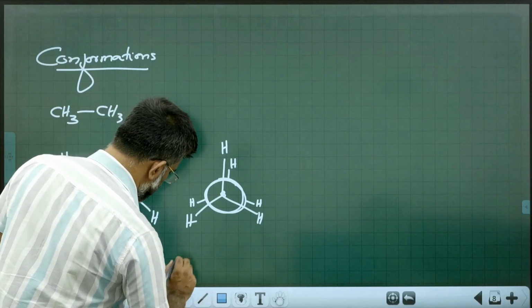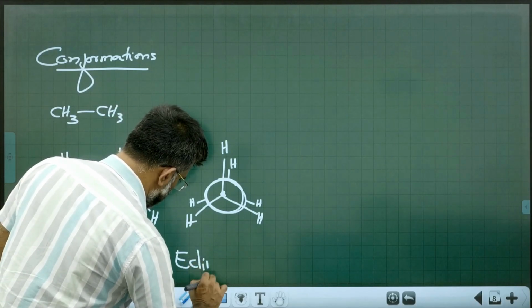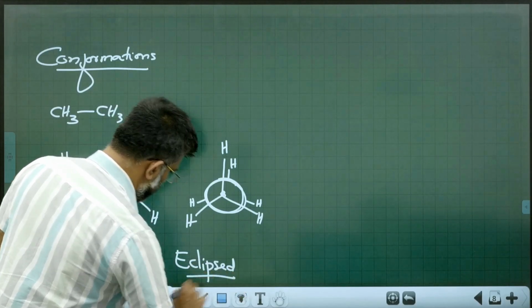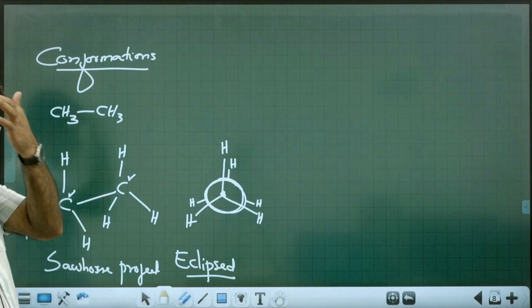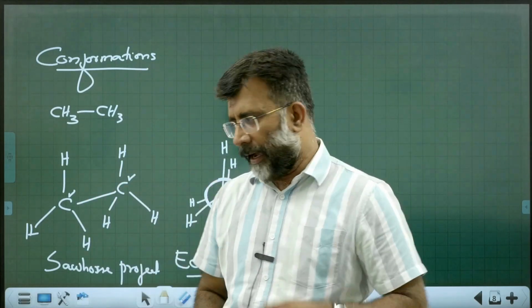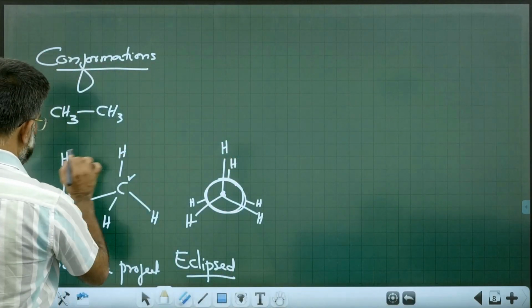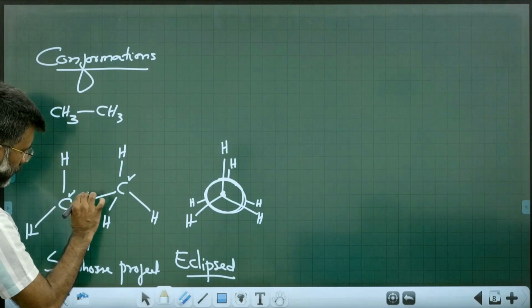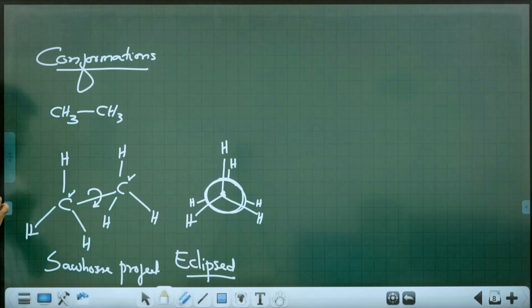That is called eclipsed conformation. Now, this is an unstable situation, rather the least stable situation, and due to this hydrogen-hydrogen repulsion, this carbon-carbon sigma bond can undergo free rotation.